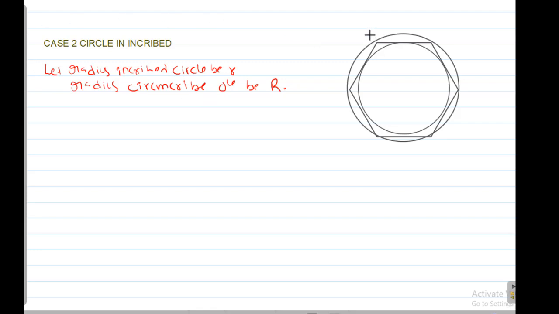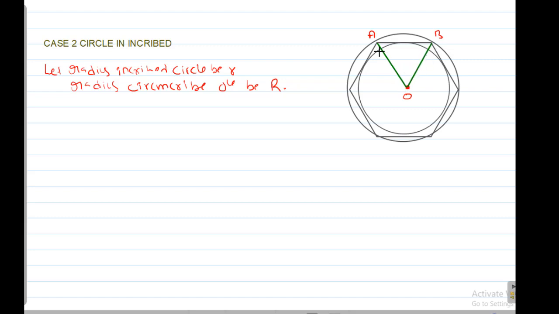Now again I want to take this side as AB. These two are concentric circles, so I can say its center is O. So now do one thing: join OA and OB.